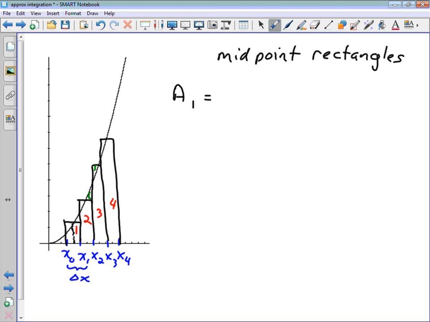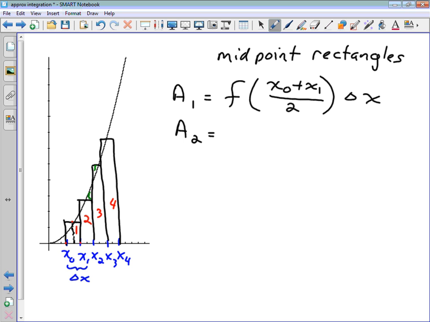For our first rectangle here, we want to find the value of the function at a point that is halfway between x0 and x1. So it's going to be f evaluated at x0 plus x1 all over 2, times delta x.